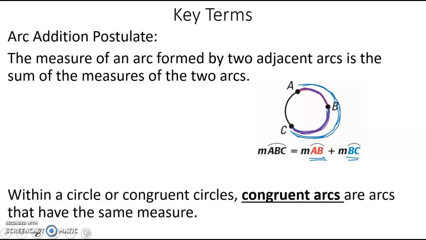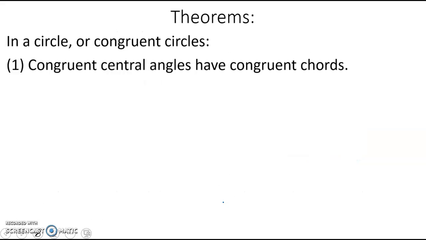Anytime that you have a circle or 2 congruent circles, congruent arcs are arcs that have the same measure, but notice it has to be congruent circles or within the same circle. A few more theorems. In a circle or congruent circles, first theorem says that congruent central angles have congruent chords.